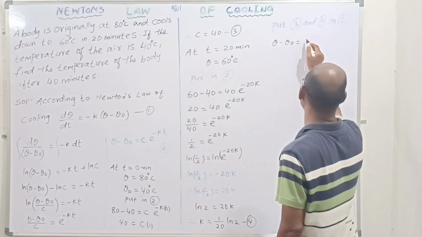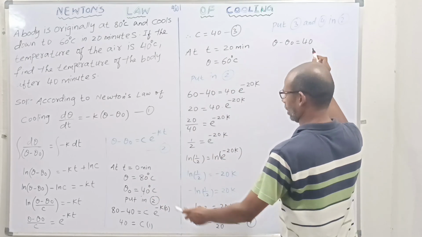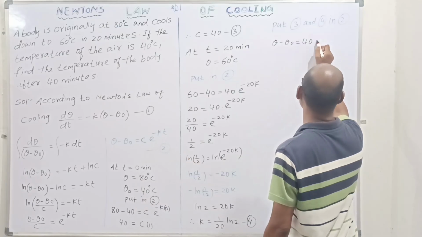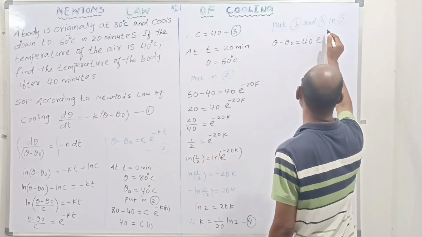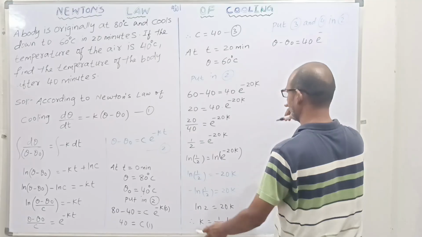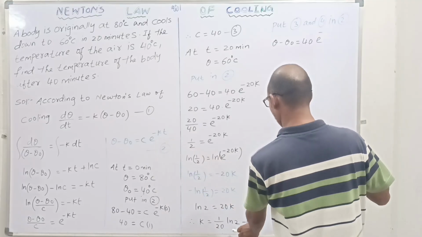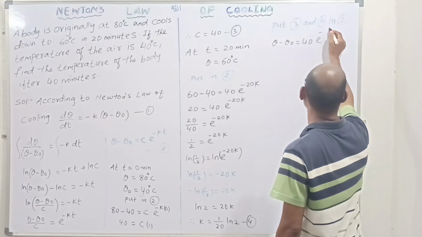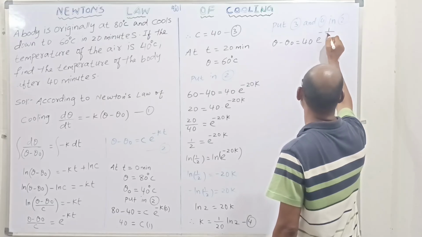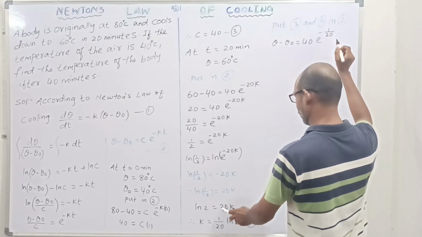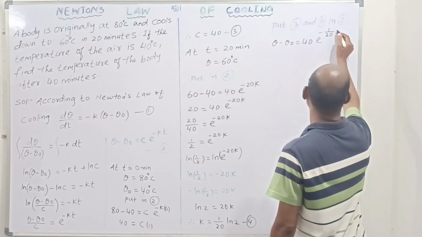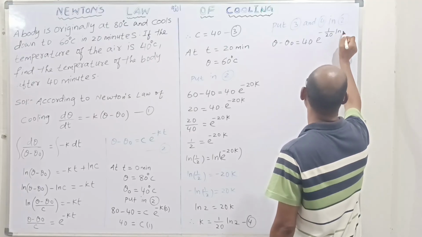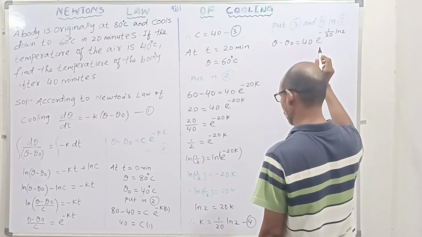C is 40, into e to the power minus, what is the value of k? k is equal to 1 by 20 ln 2.